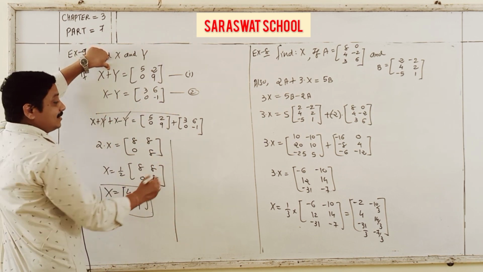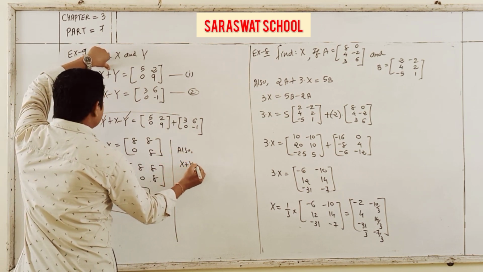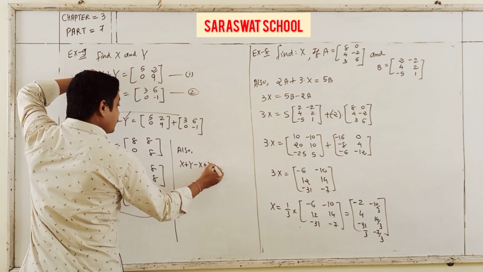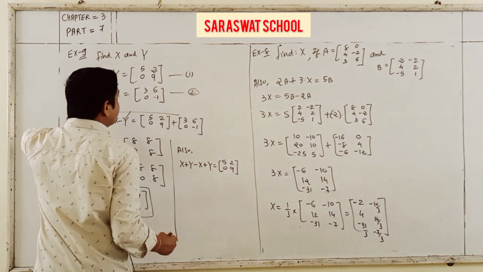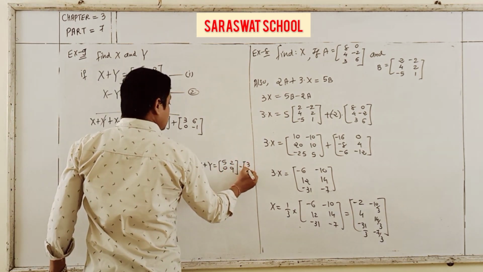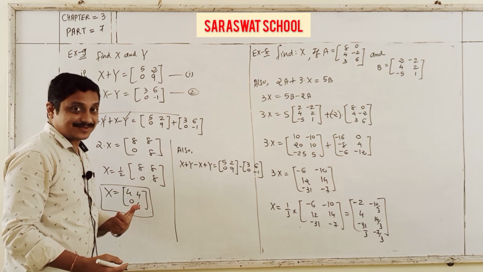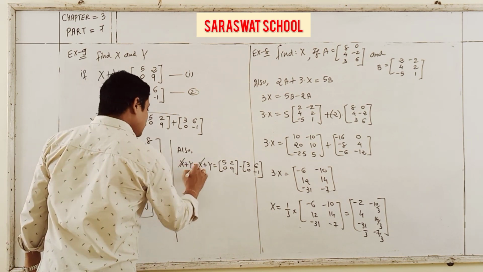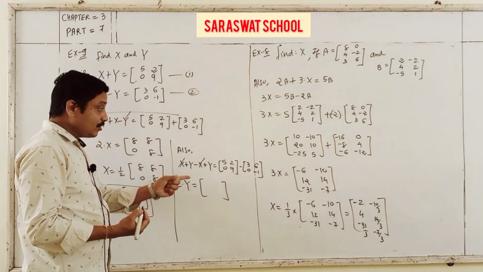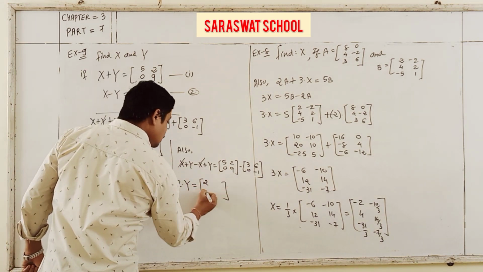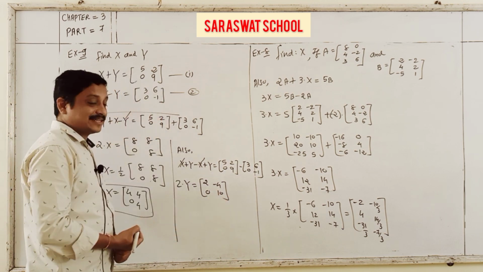Now particularly this X, applying this again, I just subtract: X plus Y minus X minus Y, and this side 5 0 2 9 minus 3 6 0 minus 1, and simplify that, it is 2Y. Here just subtract: 5 minus 3 is 2, 0 minus 6 is minus 6, 2 minus 0 is 2, and 9 plus 1 is 10.